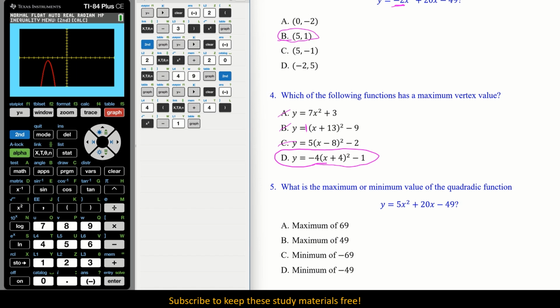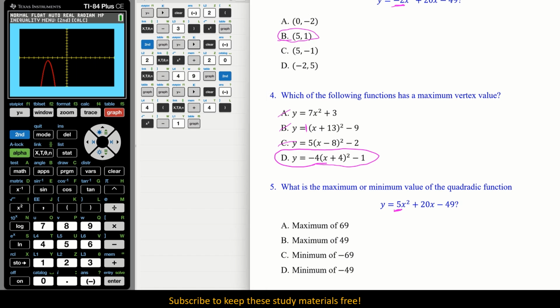Okay, now number 5. What is the minimum or maximum value of the quadratic function? Okay, they've given us our quadratic. It's a little bit like number 3, but not quite. Okay, how is it different?